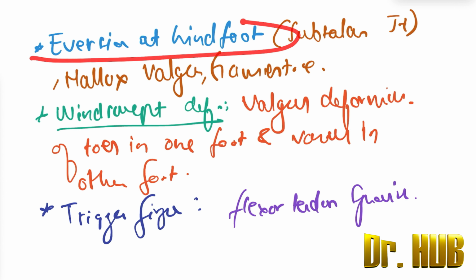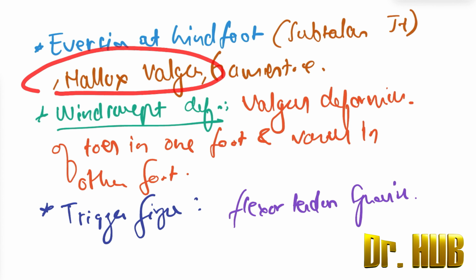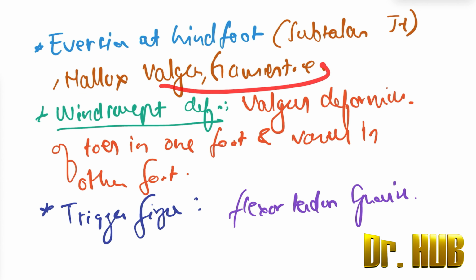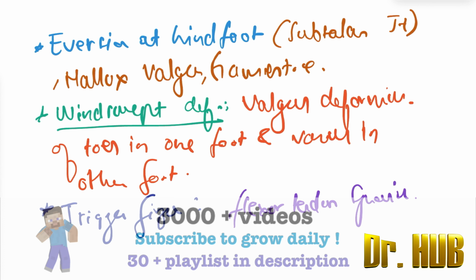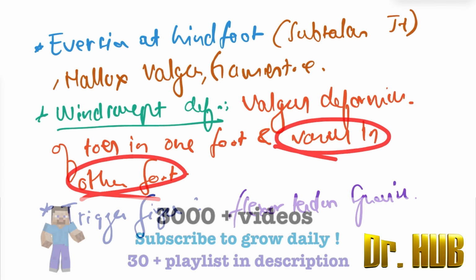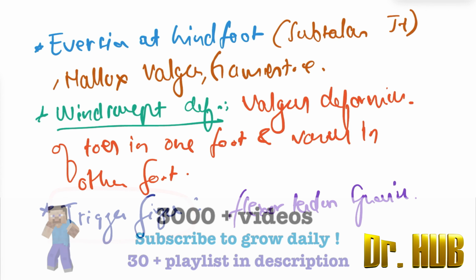We discussed the eversion of the hind foot, which involves the subtalar joint, and there is also hallux valgus and the hammer toe. In windswept deformity, it includes the valgus deformity of the toes in one foot and the varus in the other foot. Next comes the trigger finger. Trigger finger is due to the flexor tendon synovitis.